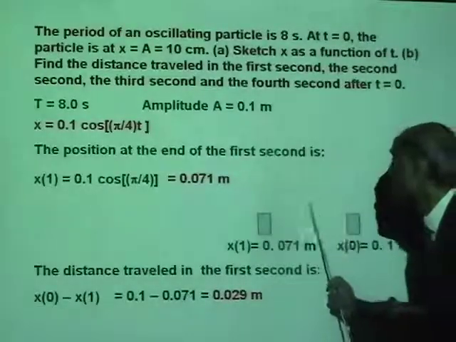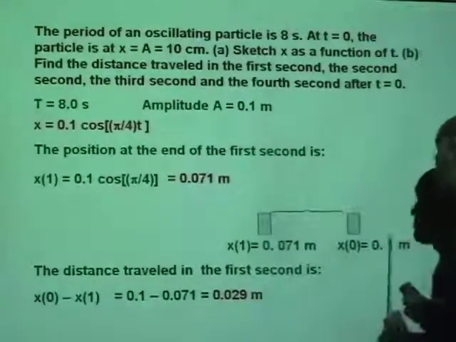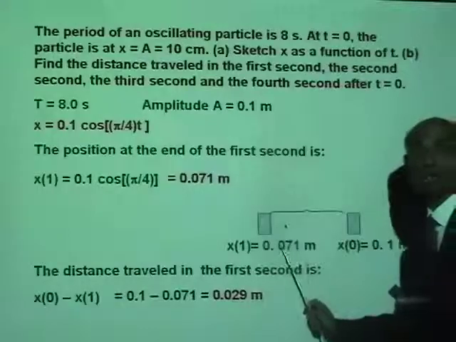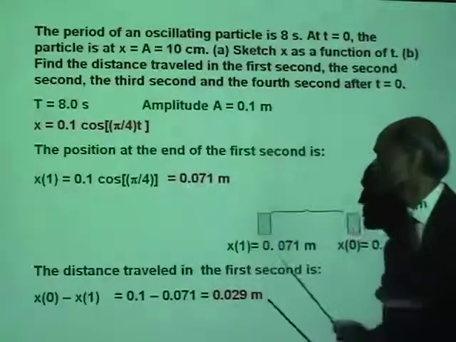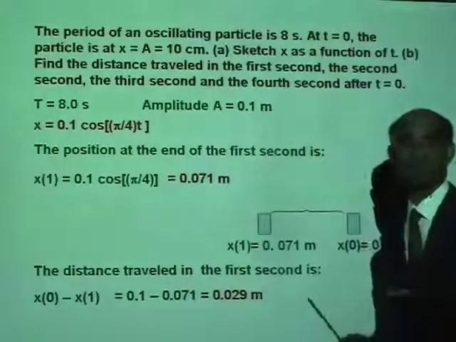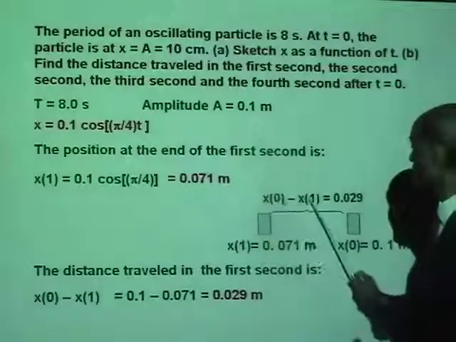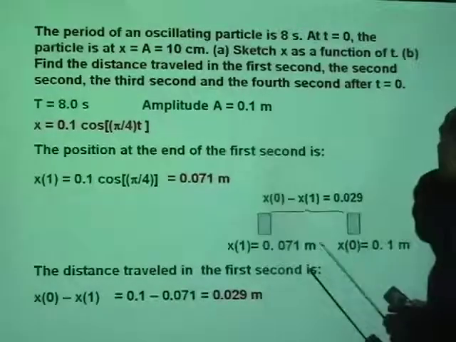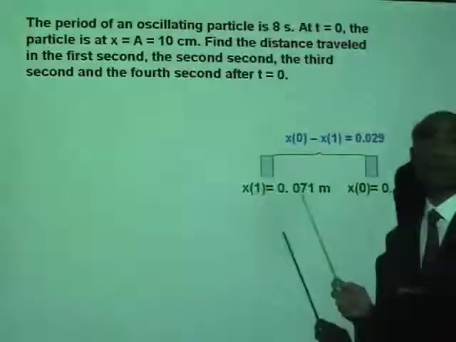Therefore, the distance traveled in that 1 second is 0.1 meter minus 0.071, which is 0.029 meter. Alright? So x0 minus x1 is 0.029 meter.